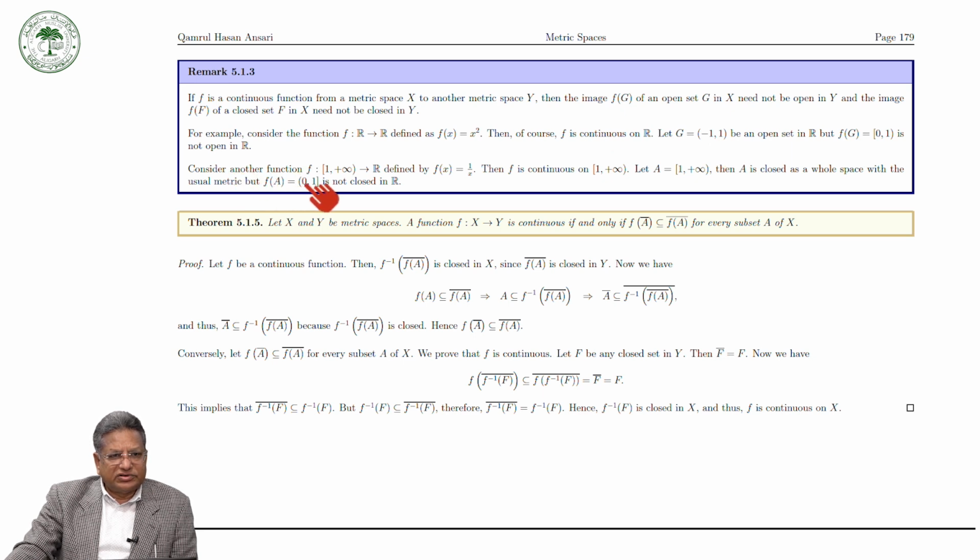Similarly, consider a function f from the closed interval [1, infinity) to R defined by f of x is equal to 1 over x. Then again this function is continuous.